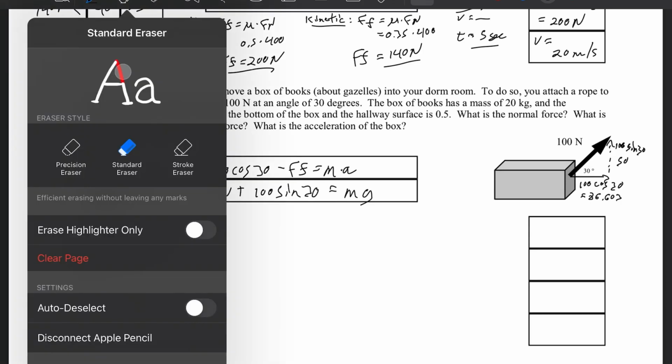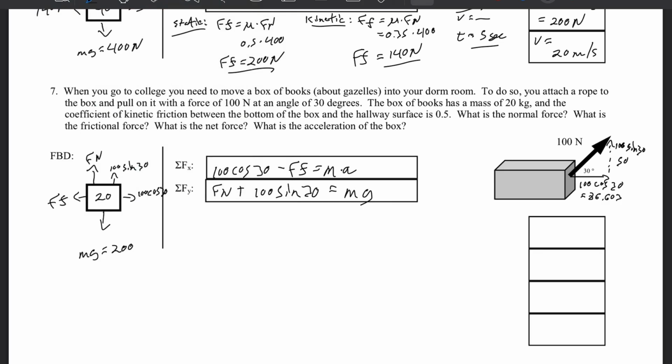So normal force plus 100 sine 30 is equal to mg. Using that equation, normal force plus 50, which is 100 sine 30, is equal to 200, which is mg. Subtract 50 from both sides, I get a normal force of 150.